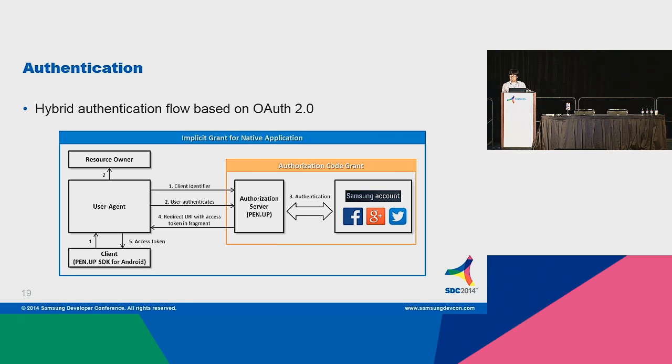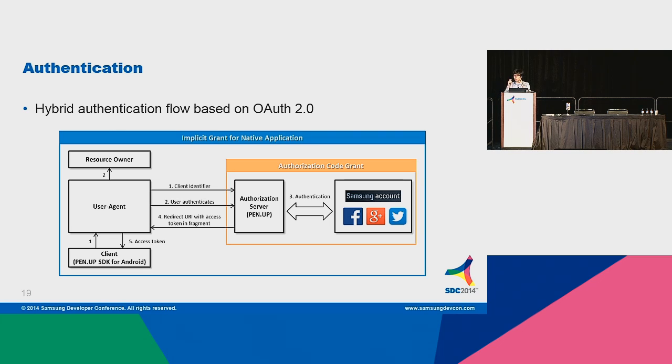For the authentication, the PEN.UP library sends a request with the client information, such as client identifier, to the PEN.UP authorization server. After that, the PEN.UP login page is displayed to the user. Then the user can select the specific account provider and log in. Then this authorization server interacts with the corresponding account provider server, and the user authentication is completed.